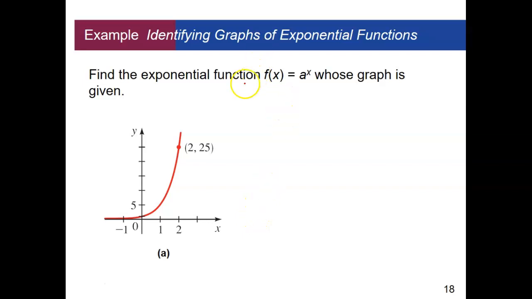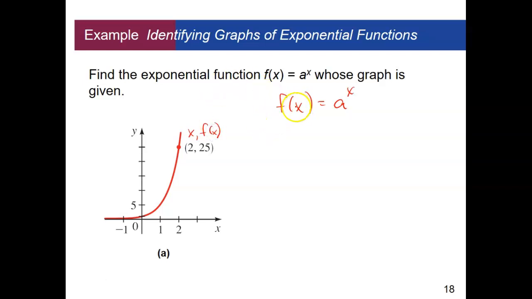Okay, so one thing you'll be asked to do with exponential functions is to take a graph like this and be able to find the base that represents that growth. So you're going to start with this equation, f of x equals a to the x, and we're going to use the point that's given. Here we're given this point, so this is my x, and this is my f of x.